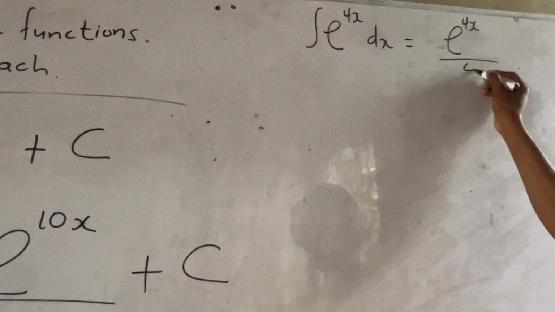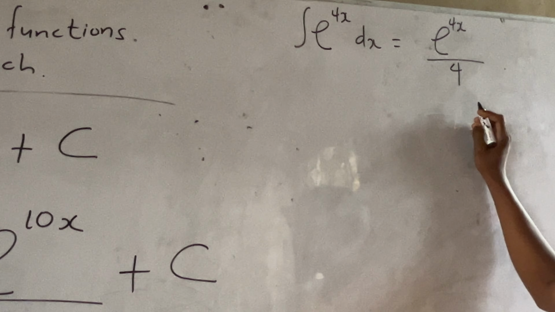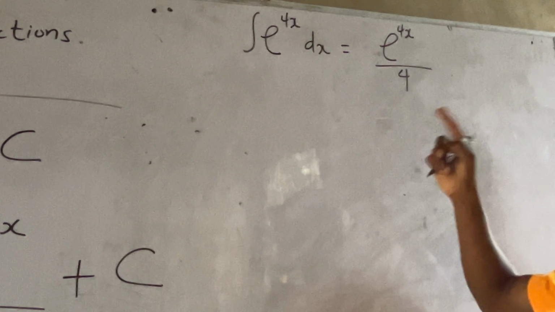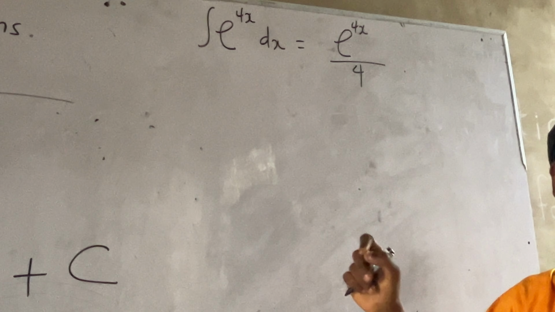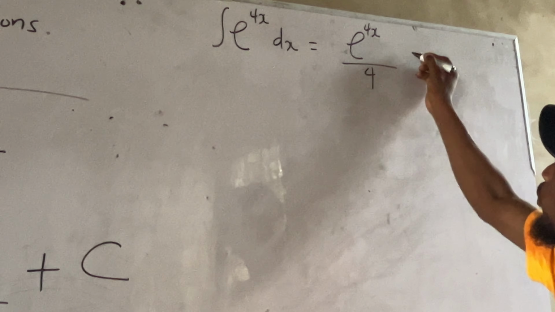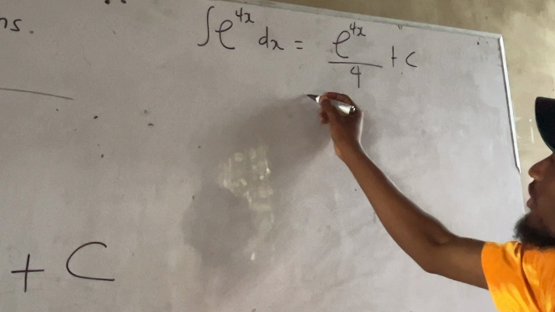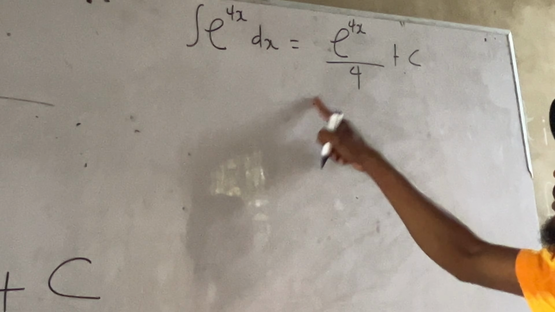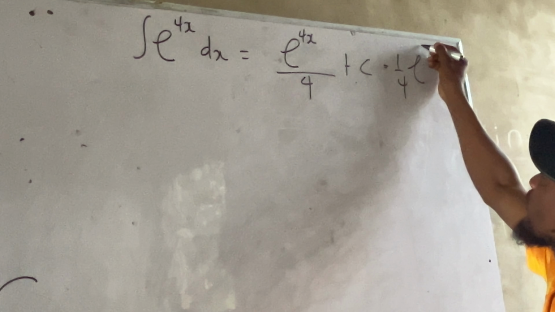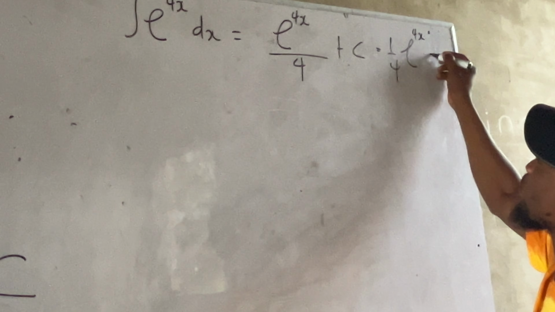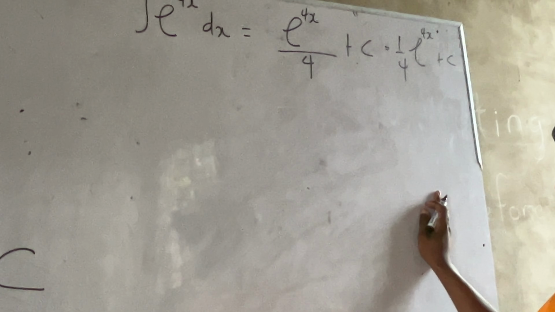That becomes your denominator. Remember, we are still dealing with indefinite integration, so you add the constant of integration. This is the same as 1 over 4 times e to the power 4x plus c.